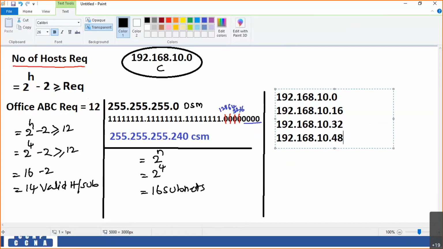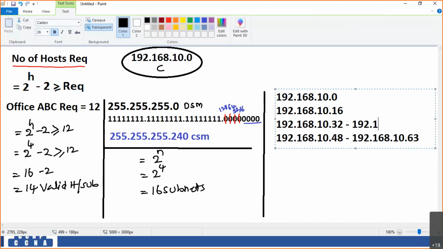Now the broadcast IDs. For the first one, 192.168.10.15. For the subnet starting at 48, if you add 16 again it's 64, and before that is 63.